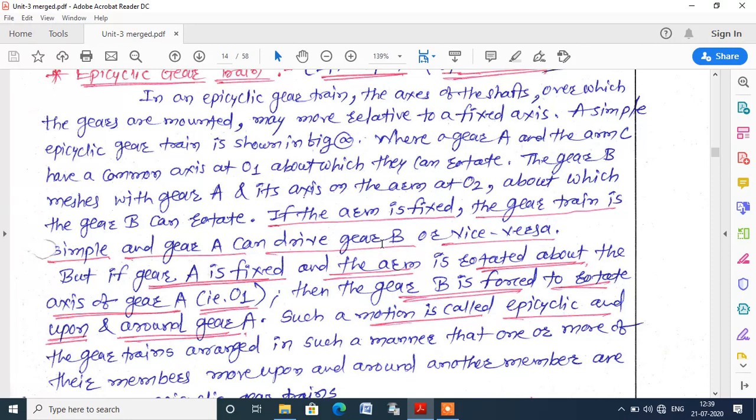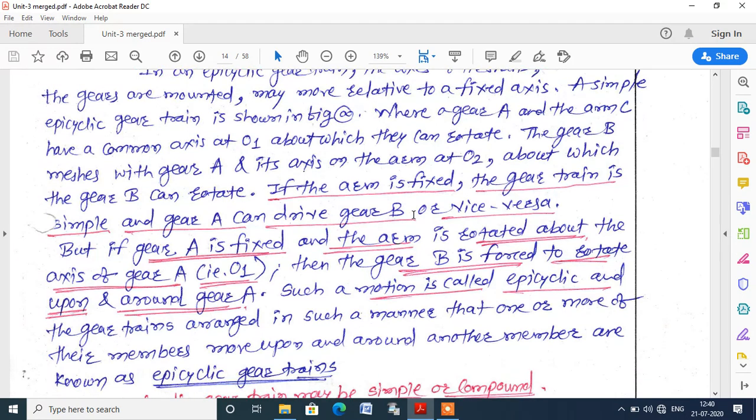Here it is shown in the figure, a simple example, where gear A and arm C have a common axis at O1, about which they can rotate. Gear B meshes with gear A and its axis is on the arm at O2, about which gear B can rotate.